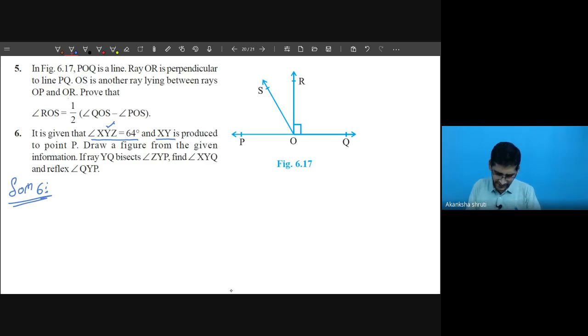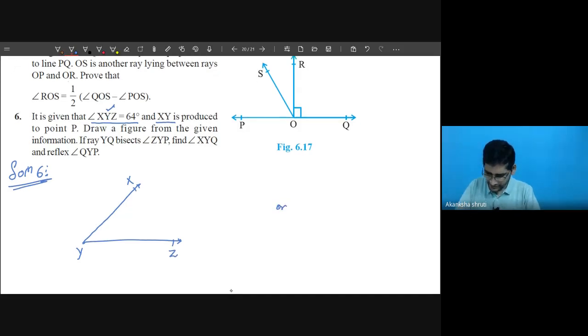You have to take the angle like this. You are free to choose this as X, but the angle is at Y, so this vertex must be Y, and the other ray as Z. Or you may take it like this also, with this as X, this as Y, this as Z. This angle is given as 64 degrees.